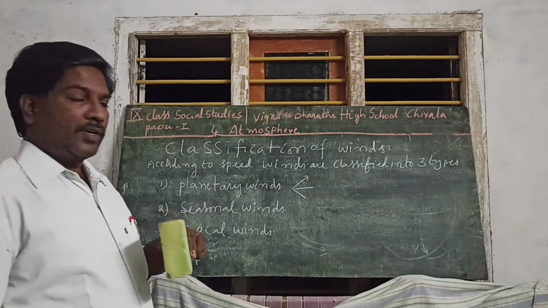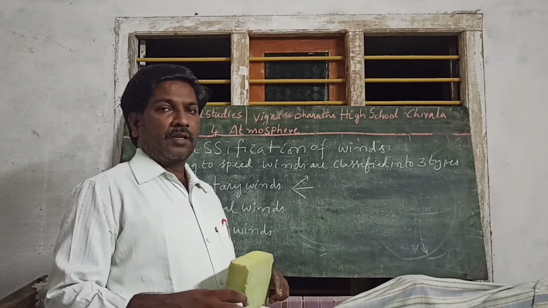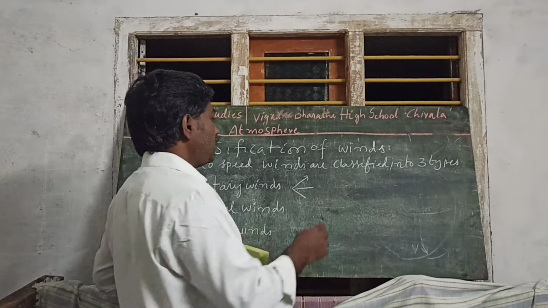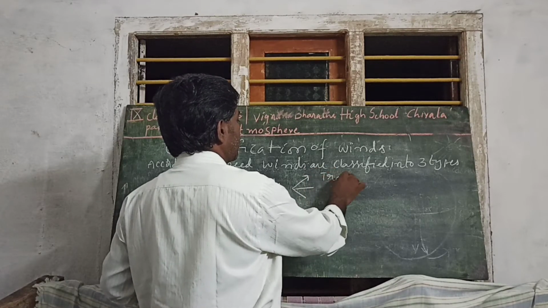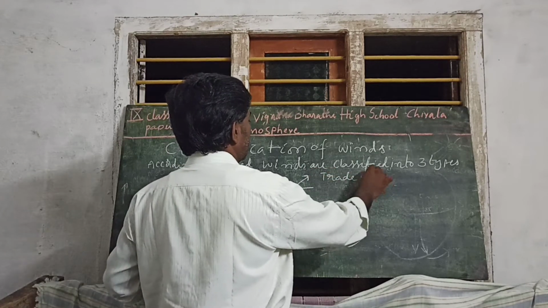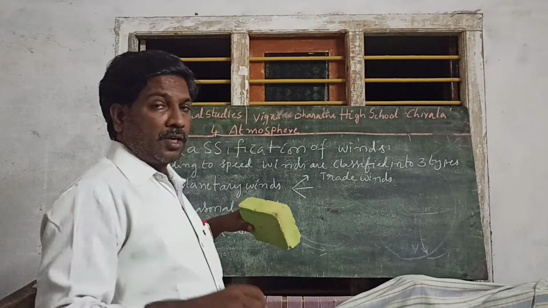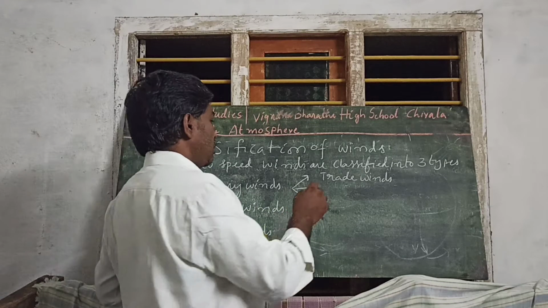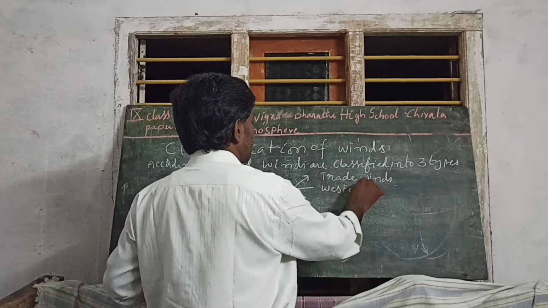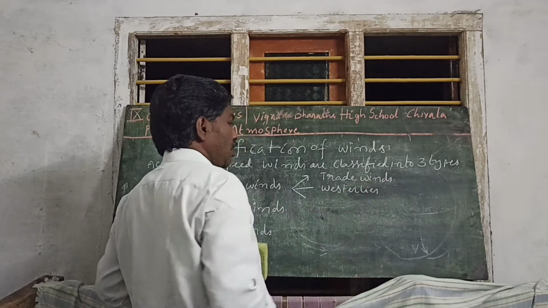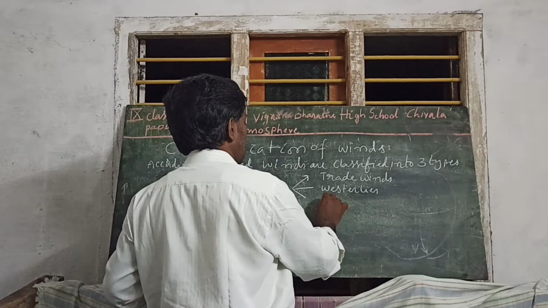Under planetary winds, there are three types of winds. Number one, trade winds. Number two, westerlies. And number three, polar winds.